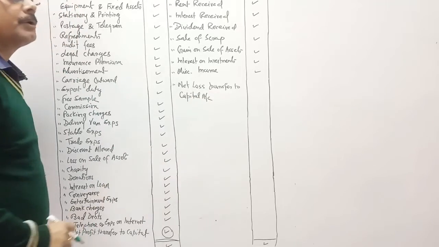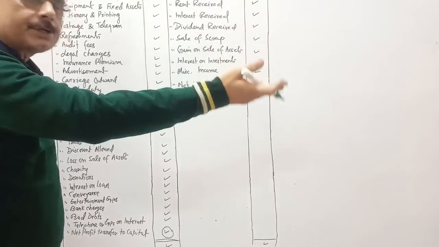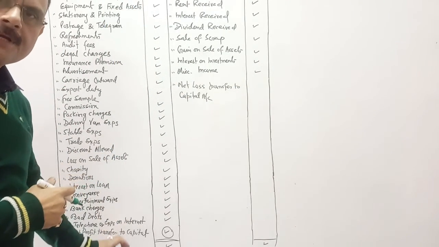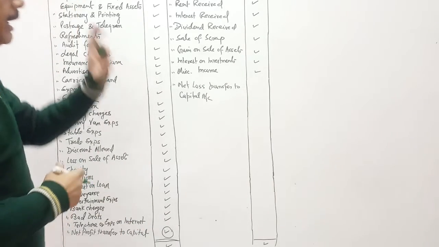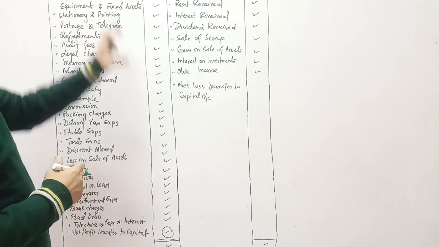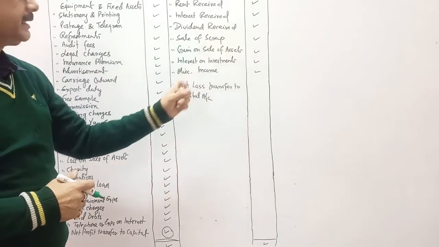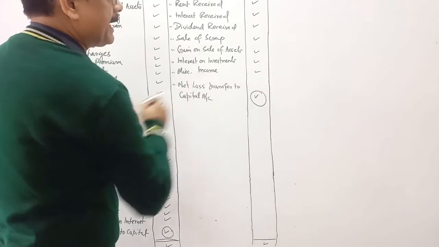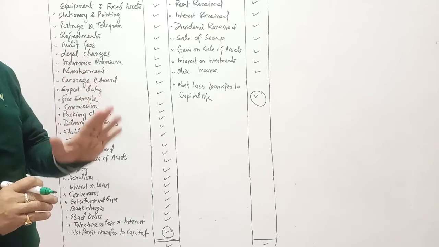So depending upon which side total is more: if the credit side, meaning income side, total is more and expense side is less, then it's a net profit, transferred to capital account. And if the debit side, meaning expense side, total is more and income side is less, then the difference indicates net loss. This will also be transferred to capital account.